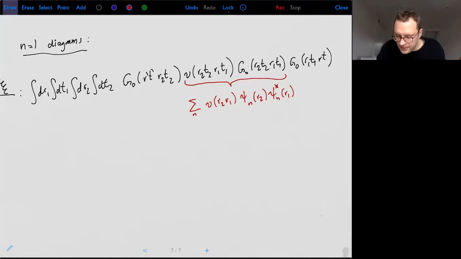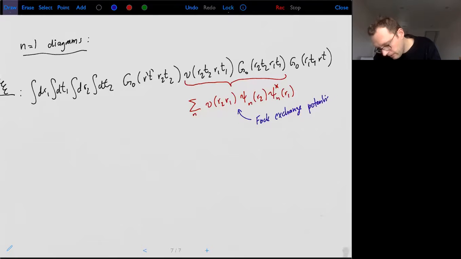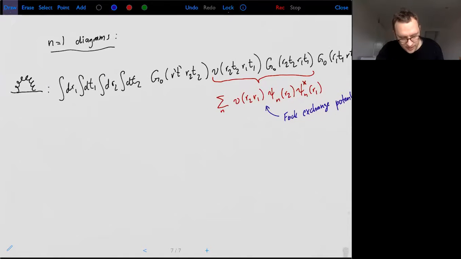So this object has a structure you have already seen before, because this is precisely the Fock exchange potential. So this emerges from an analysis of one of the n=1 diagrams, and this diagram is closely related to the Fock exchange interaction.